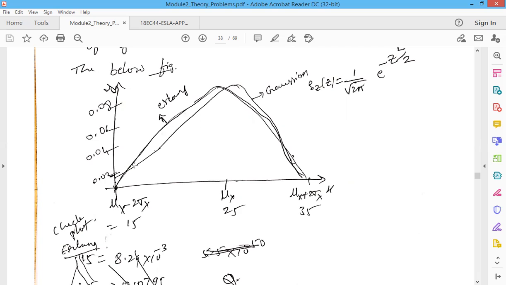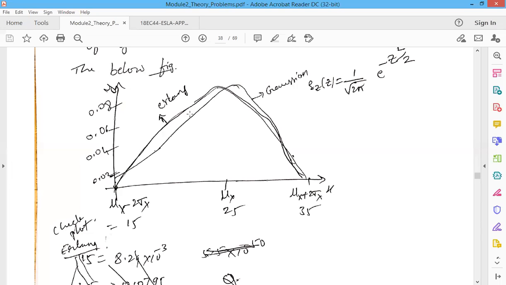The second line I am showing here is the actual Gaussian PDF. We can observe that both the Erlang PDF and the Gaussian PDF are approximately the same, with a noticeable change in the value of the PDF.